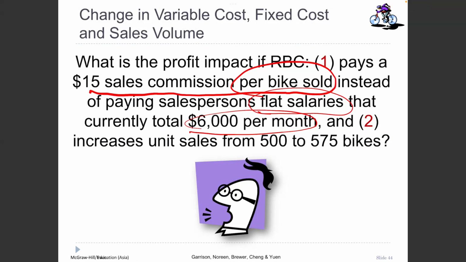What happened here is that your variable expenses now increase because they are based on how many bikes will be sold. So your variable expense from 300 is now becoming $315. And then your fixed expenses will decrease by 6,000, so from 80,000 it is now reduced to 74,000 because you are no longer paying the salary of the salesperson. And then the sales is from 500 units becoming 575 units.